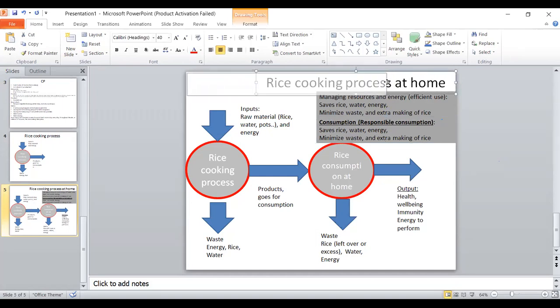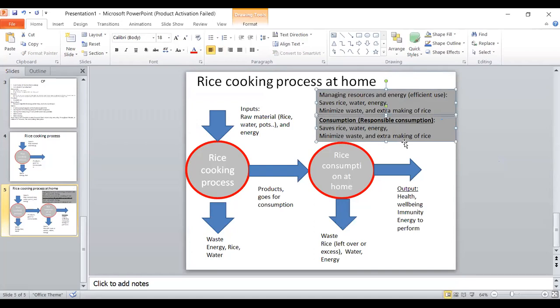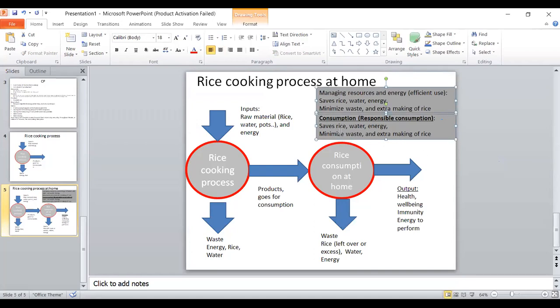In Sri Lanka, we take extra. That is for sure. We are used to taking portions nearly double of what we need.